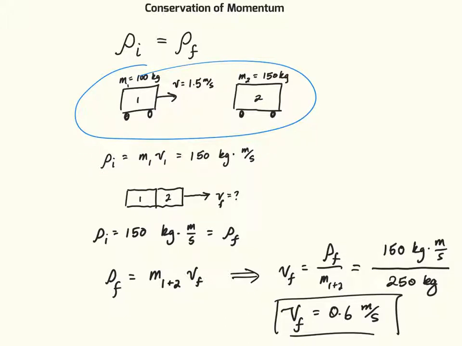After the collision, those cars stuck together, so the two cars together had to have the same amount of momentum as they did initially. With that, we were able to find the final velocity of those two carts.